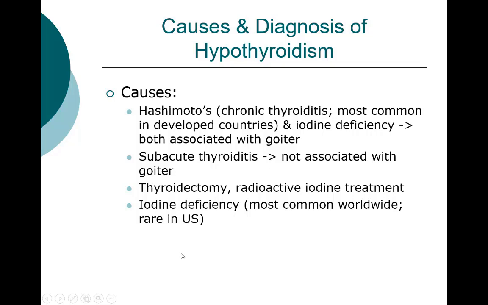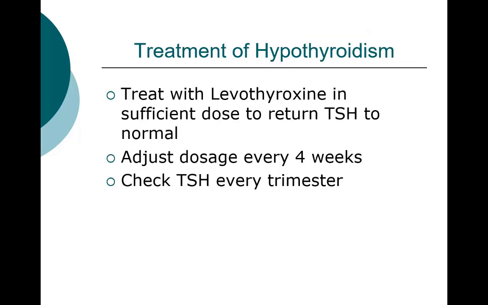It is most common worldwide, but it is rare in the US because they have seafood rich with iodine. Treatment: we treat with levothyroxine in sufficient dose to return TSH level to normal, adjusting the dose every 4 weeks, and check TSH level every trimester.